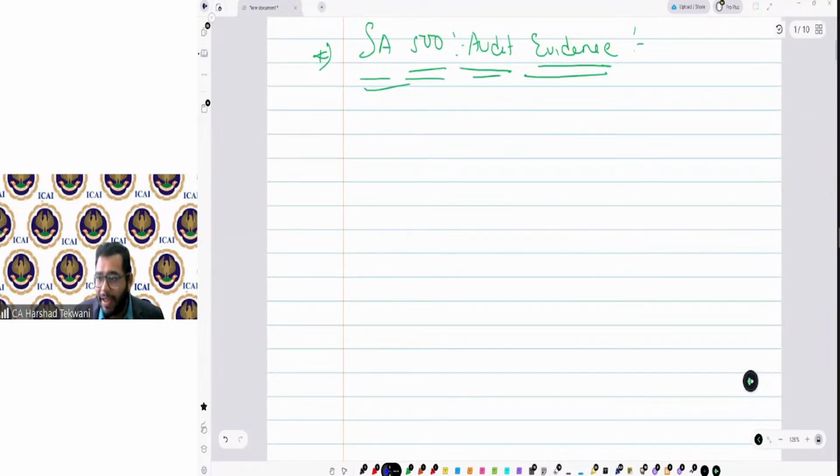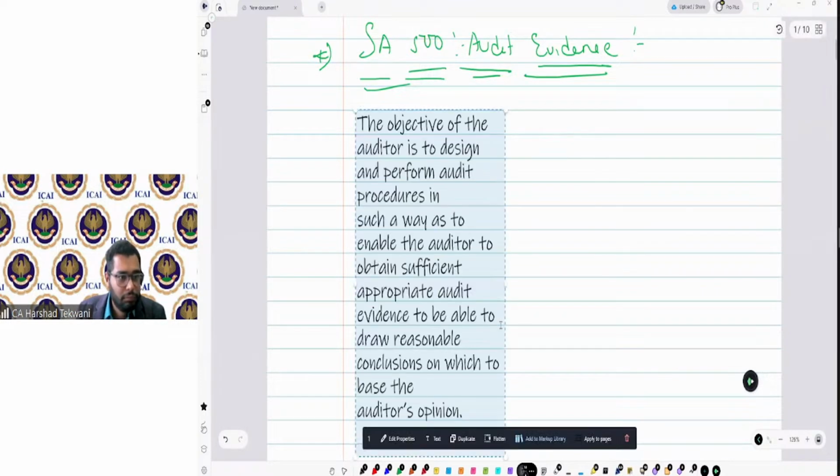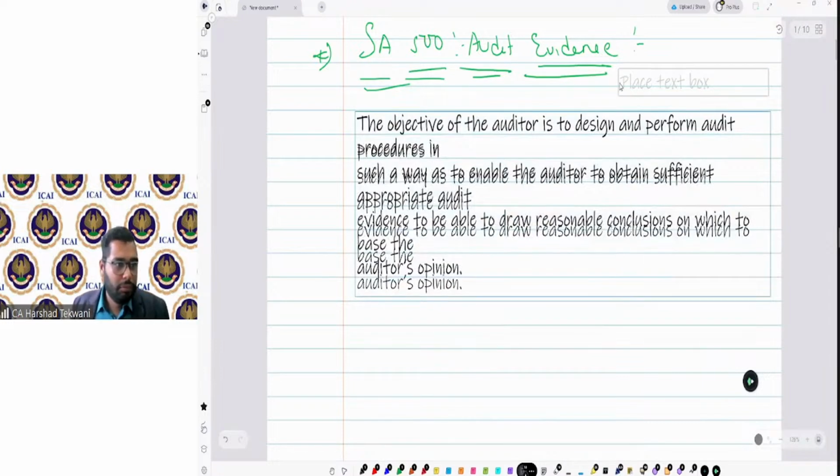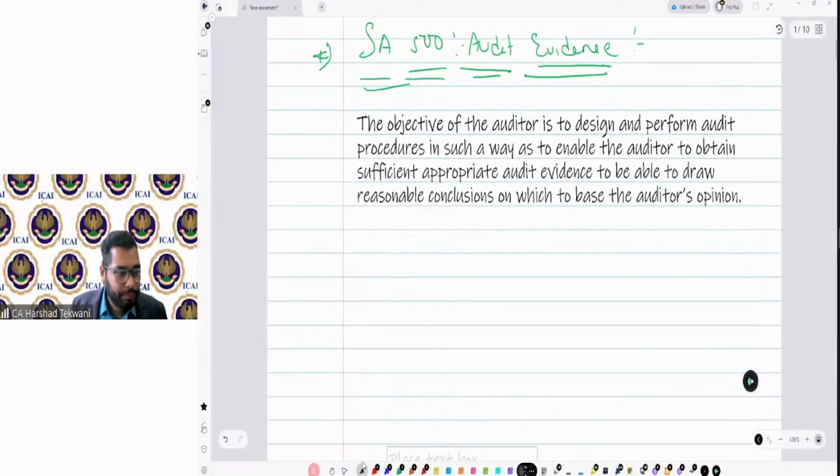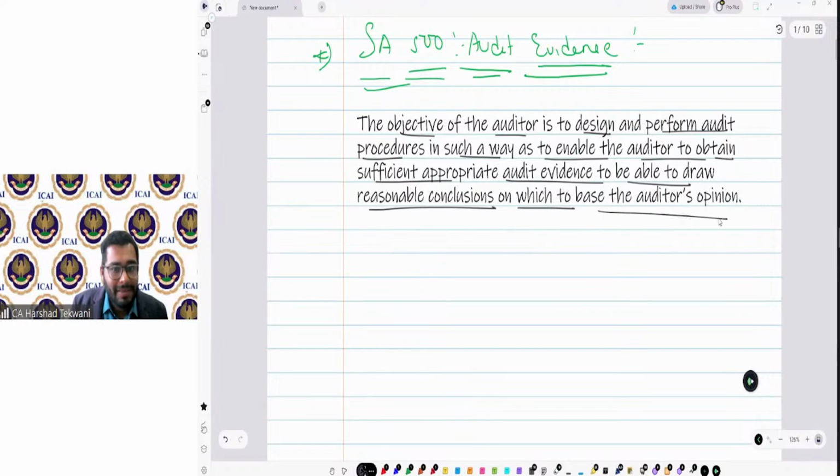First of all, the first requirement of ISA 500 is that the objective of the auditor is to design and perform audit procedures in such a way as to enable the auditor to obtain sufficient and appropriate audit evidence to draw reasonable conclusions on which to base the auditor's opinion. Means sufficient and appropriate audit evidence we are talking about.